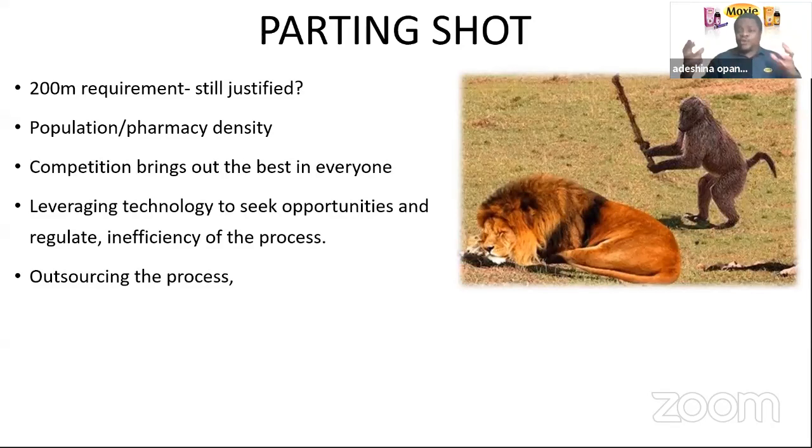Ordinarily with a geospatial map, unfortunately there's not too much of it, but just using technology, Google Earth, Google Maps, you can begin to see some things. PCN can begin to use such technologies for inspection, for regulation, for approvals and all those things. Because the inefficiency in the current process of PIC, PCN, ACPN, PSN, and that mix is making a whole lot of pharmacies lose a lot of money.